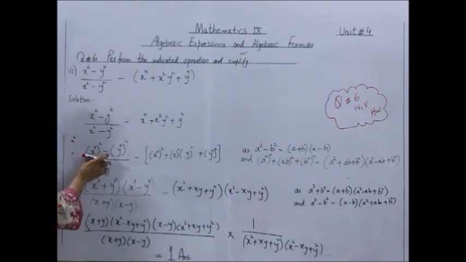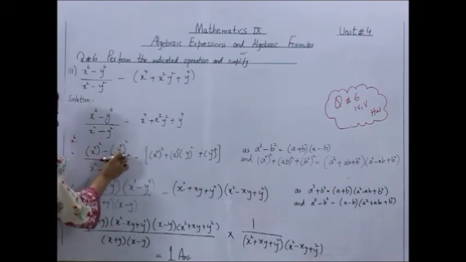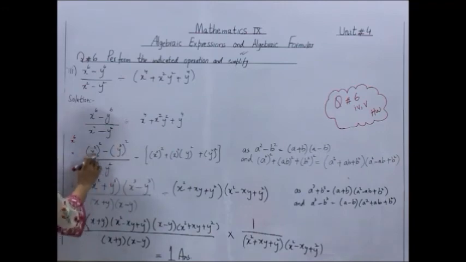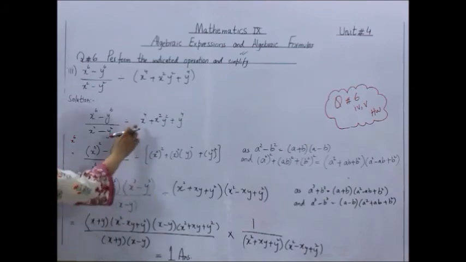But see, for making it like this, you will have a square minus b square. A square minus b square will be equal to a plus b, a minus b. And this is a square minus b square, again a plus b, a minus b.